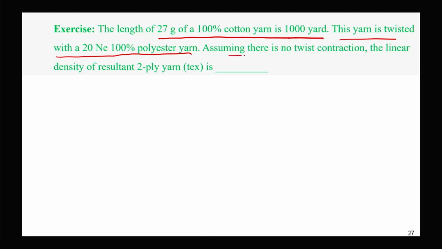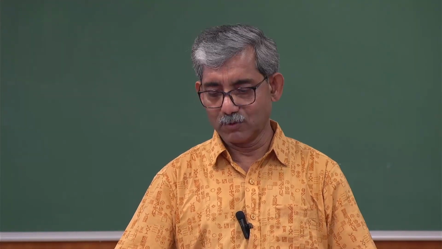So assuming there is no twist contraction, so we normally in this type of calculation assume there is no twist contraction. If twist contraction is there, then the linear density has to be corrected depending on the amount of contraction. If the contraction is more, then the linear density becomes higher, more mass per unit length will be there.